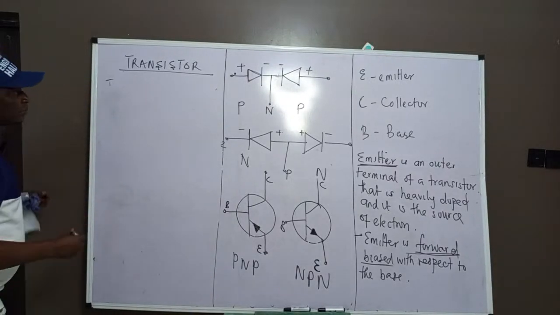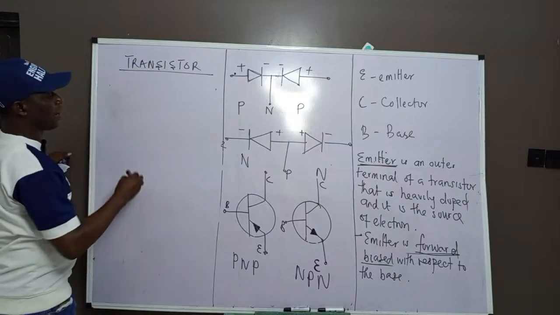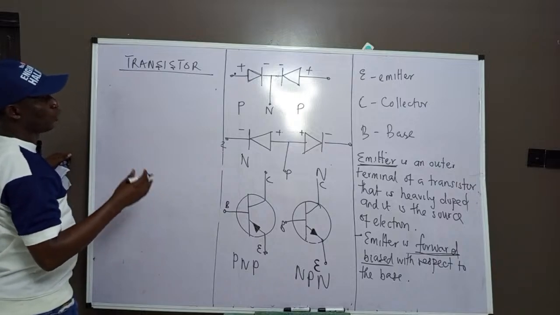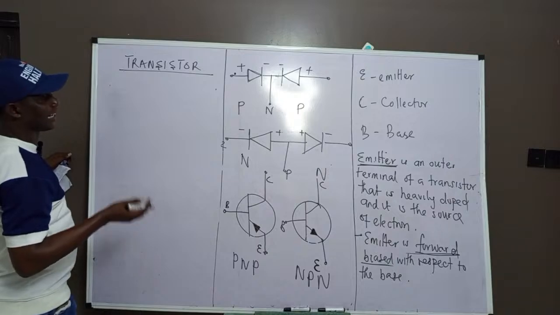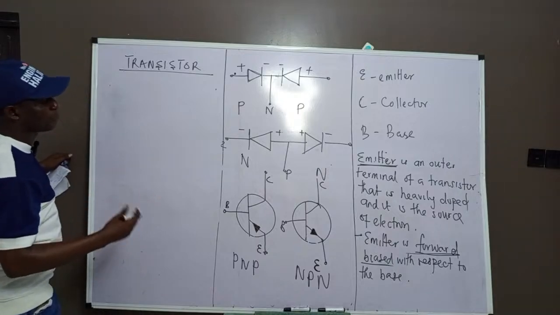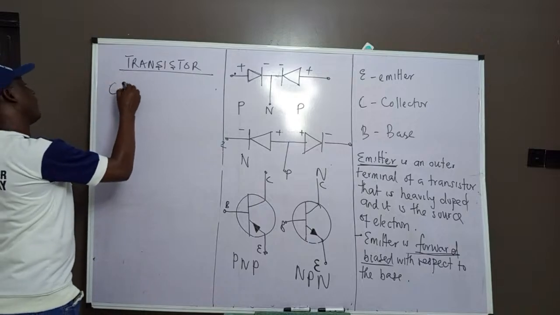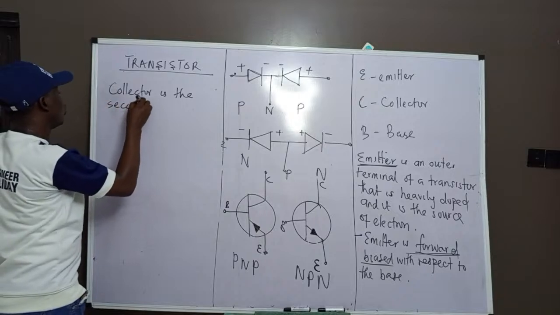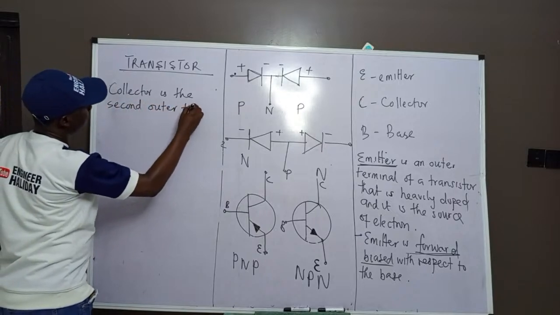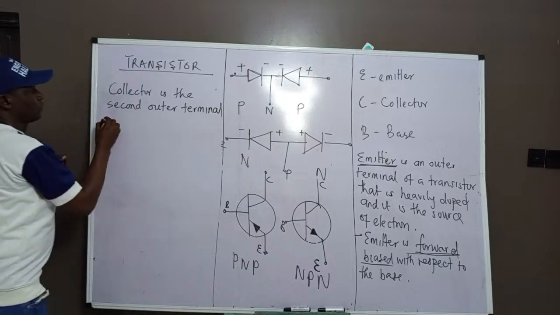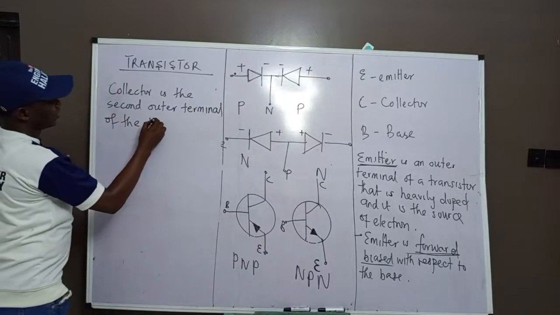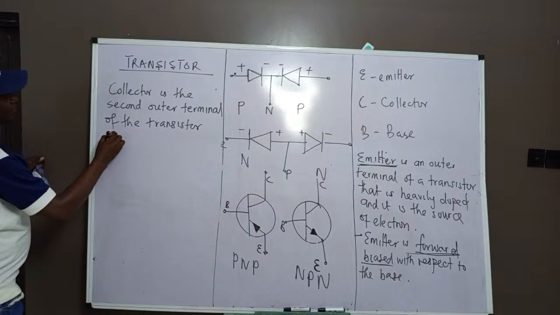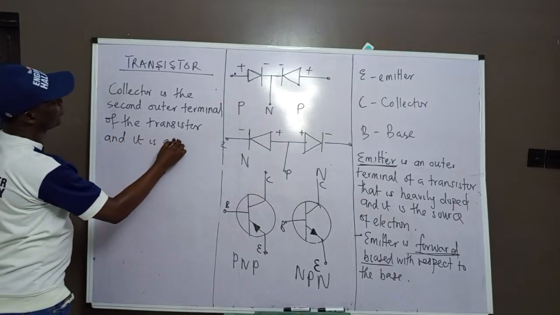When we talk about the emitter, we have talked about the source of electrons. We have also said it is an outer terminal of a transistor that is heavily doped, and that it is forward biased with respect to the base. So what is a collector? A collector is the second outer terminal of the transistor, and it is averagely doped.